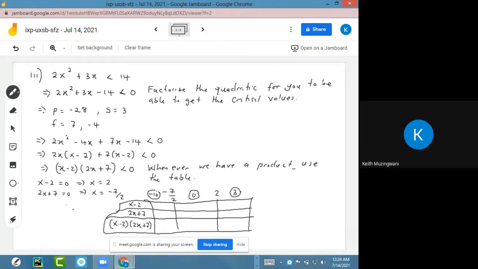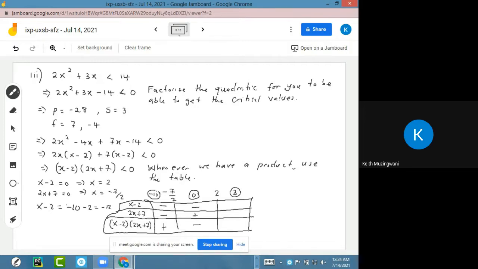Okay, so when x is negative 10, we have a negative here. We also have a negative here, giving us a positive as a product. When x is 0, we have a negative here and a positive here, giving us negative. So where are we taking those numbers? We are substituting. When x is negative 10, in x minus 2, we get negative 10 minus 2, which is negative 12.